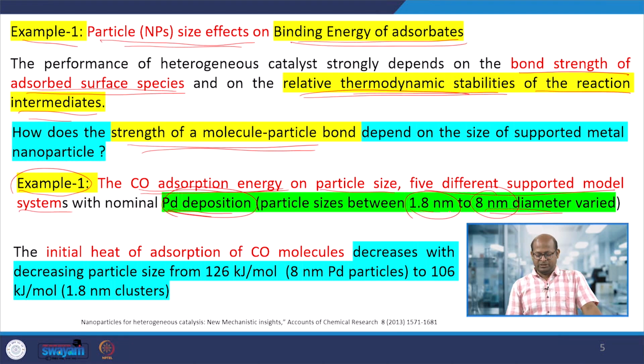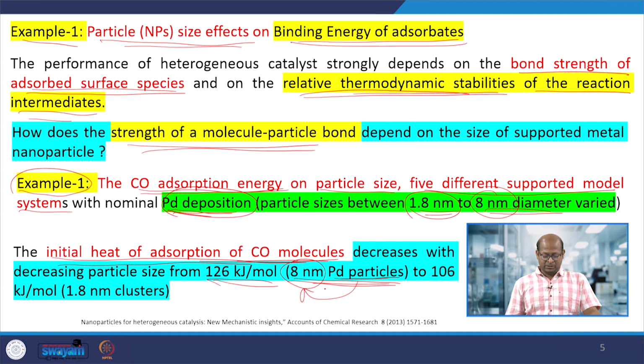Within that range we will check these nanomaterials that we prepare, and then the adsorption reactions will be discussed. It has been observed that the initial heat of adsorption of CO molecules when the palladium particle size was 8 nanometers was 126 kJ per mole, meaning CO molecules get adsorbed over that palladium particle of 8 nanometers.